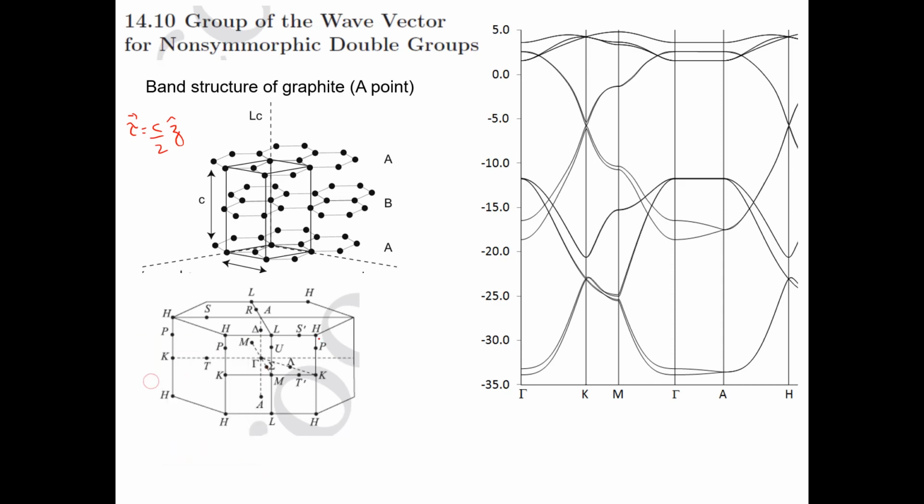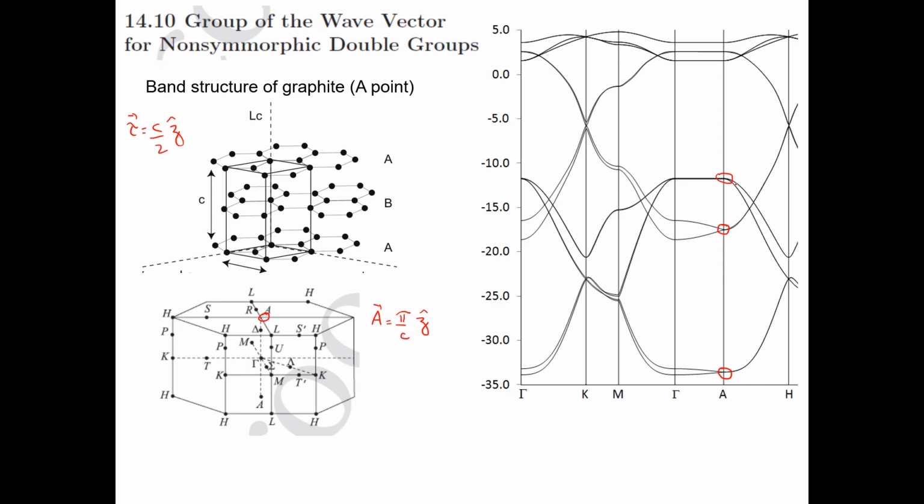In other words, A is actually pi over c z. This is the A point here in the Brillouin zone, and you can see that at the A point, bands stick together. There are degeneracies here precisely because of that.